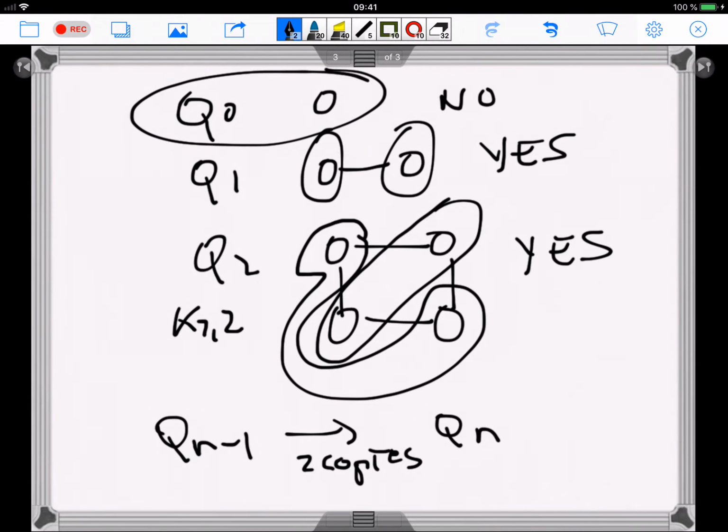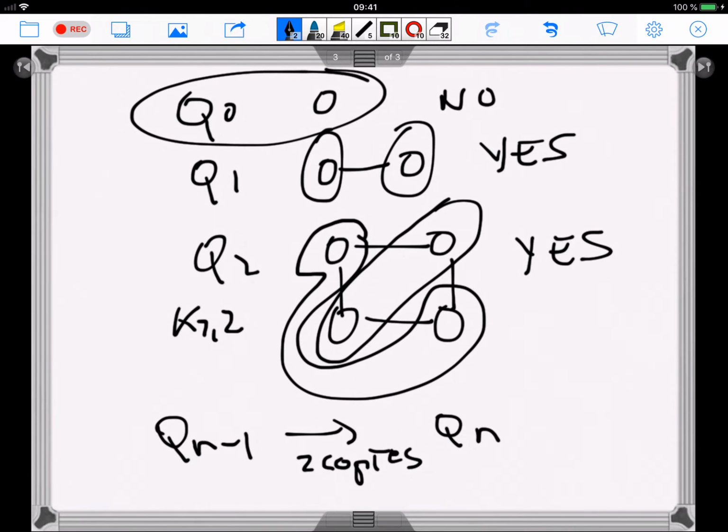Okay, and then you can easily see that all the cycles must be of even length. Okay, so these graphs are always bipartite whenever we have enough vertices for it to be bipartite. In the case Q0, it's not bipartite, but because it has not enough vertices.